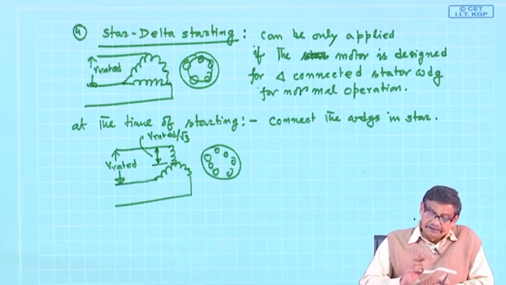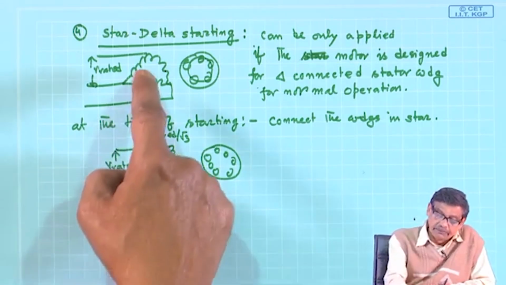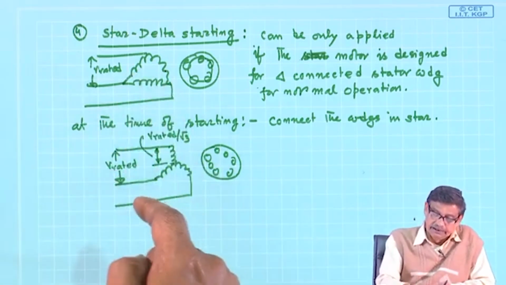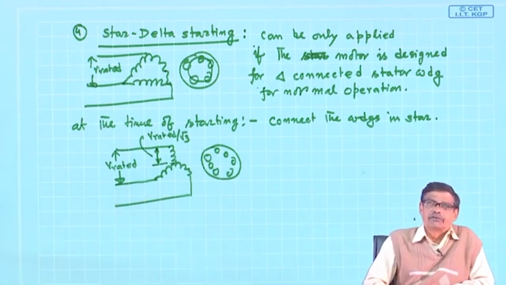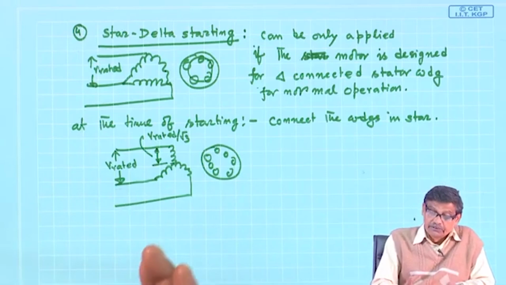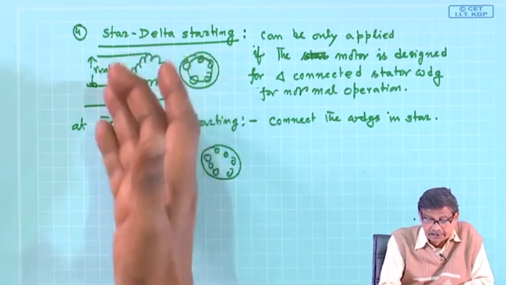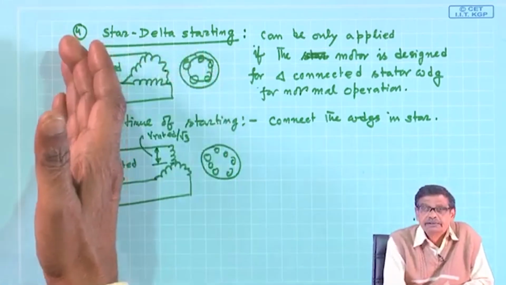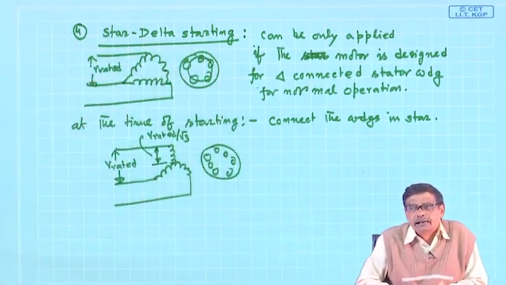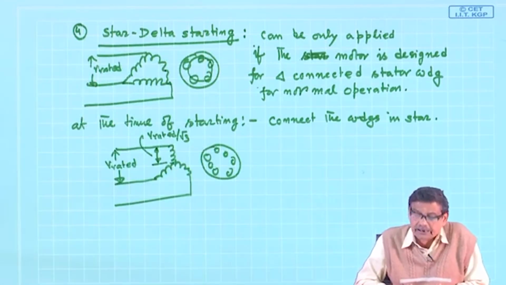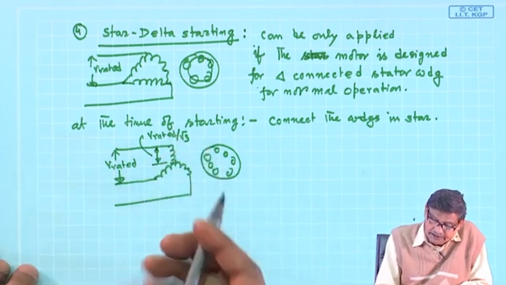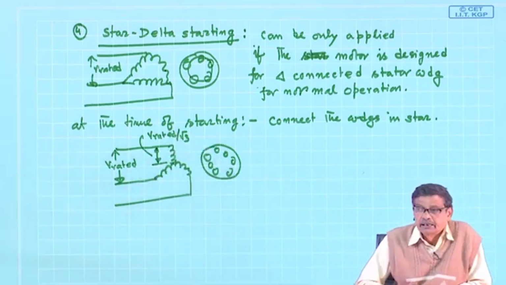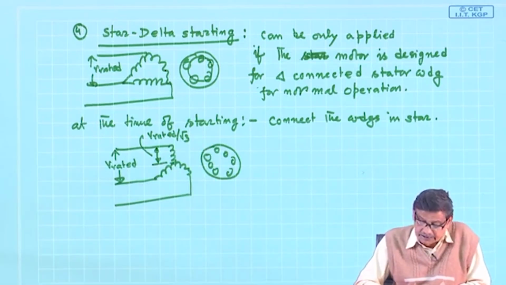Simply at the time of starting, I will connect the windings in star, apply the full voltage, but this is not DOL starting for the machine. For the machine, DOL starting is delta connected, full voltage applied. That is why I have taken delta connected winding, which is for normal operation.